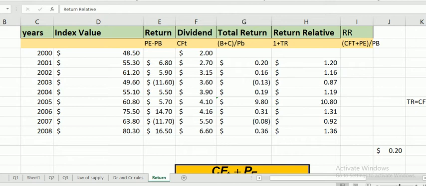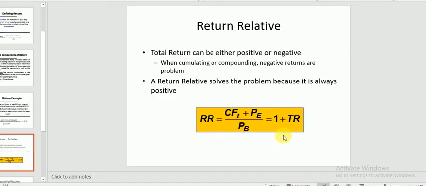And if it is less than 1, it means comparatively on each and every dollar we get less than 1.